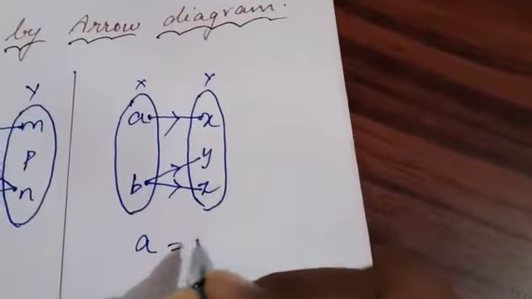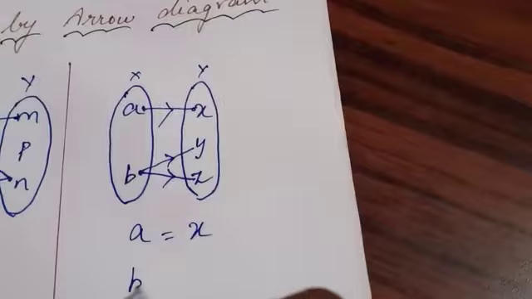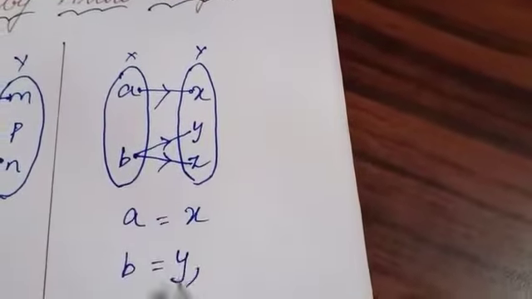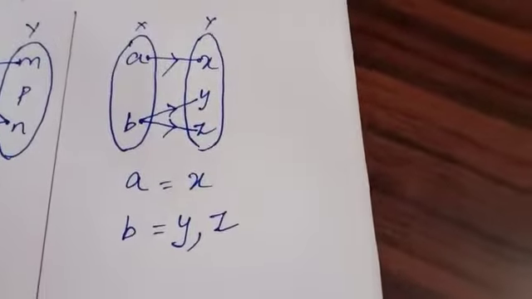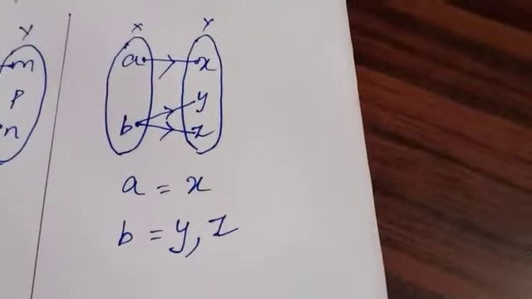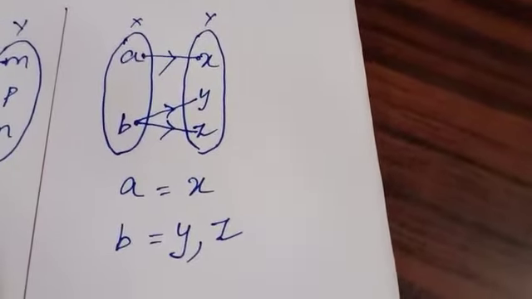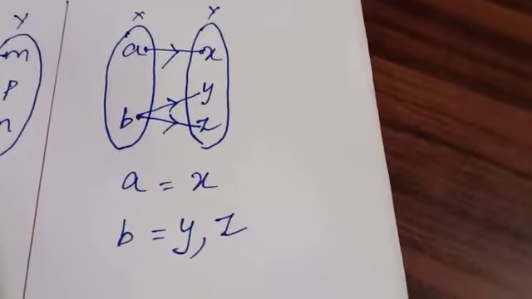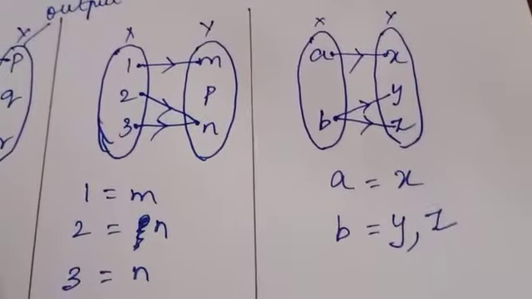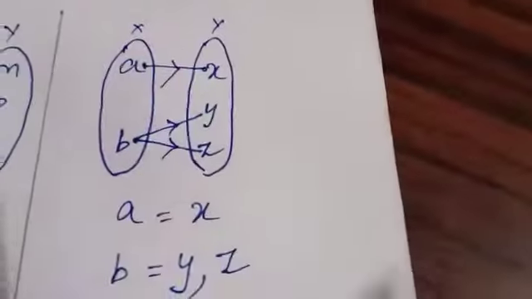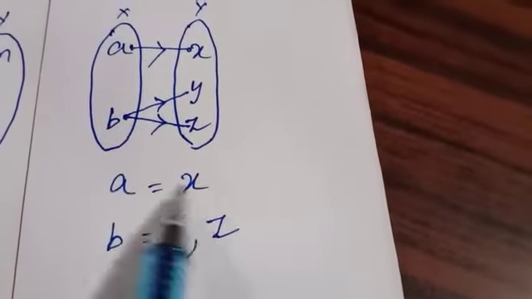A has the output X and B has two outputs, that is Y and Z. Now tell me whether this is a function. No, it is not a function because the condition for a function is that every input must have a single output. But here the input B has two outputs.